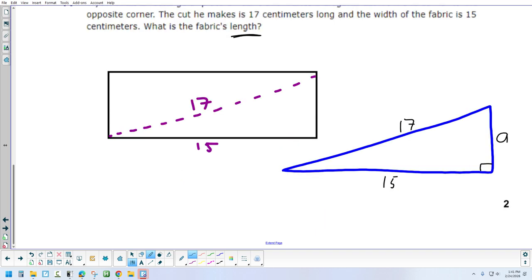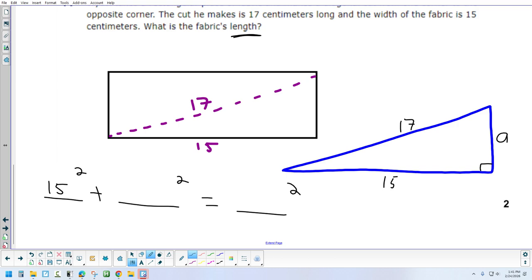And can someone set up the Pythagorean theorem for me using the 15, the A, and the 17? So what am I going to fill in? 15 squared plus 17 squared.